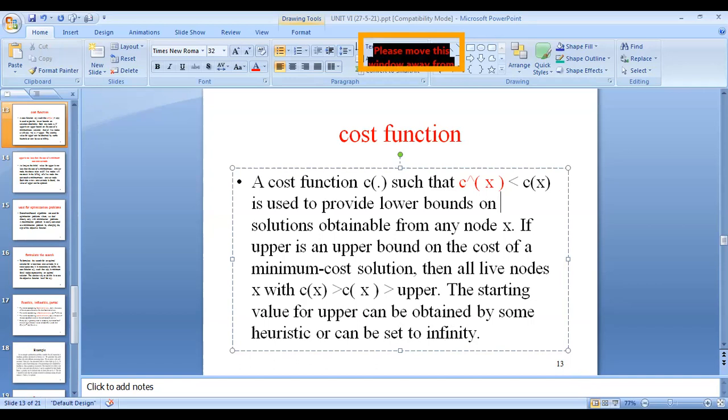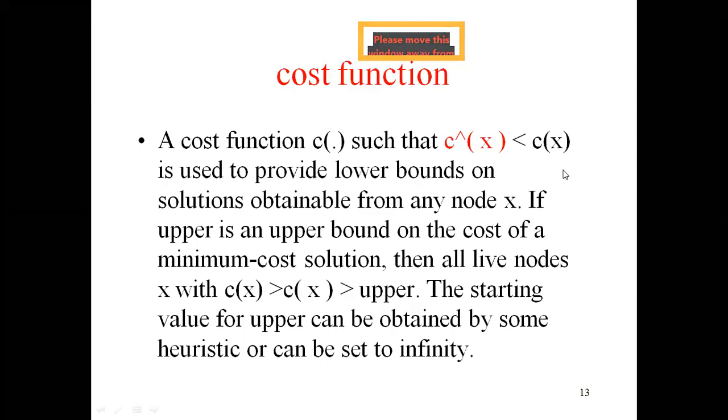So what is the starting value of the upper bound? That is infinity, we can take. Or by application of some heuristic function, we can find the upper bound of a node. Here upper means the cost.